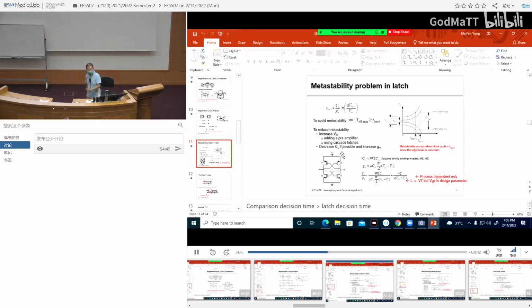See, in the time of the latch, there's a CL there. It's obvious that if I have a bigger capacitor at the load, I need more time to charge it. So if I make CL smaller, or make the current or gm bigger, I can also speed it up.